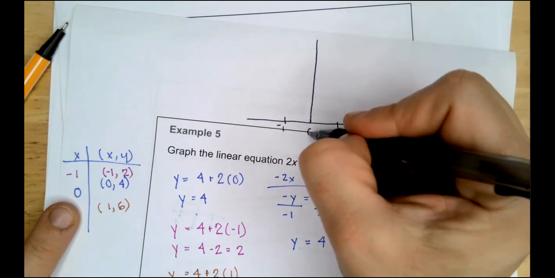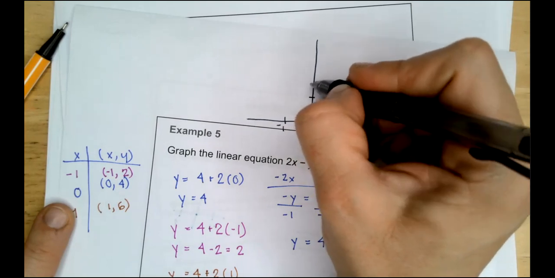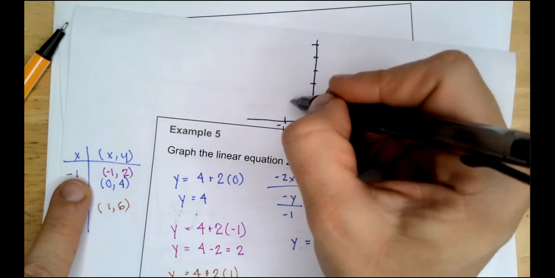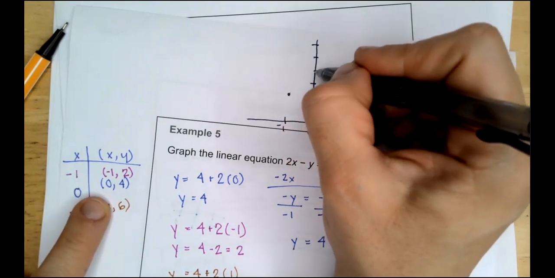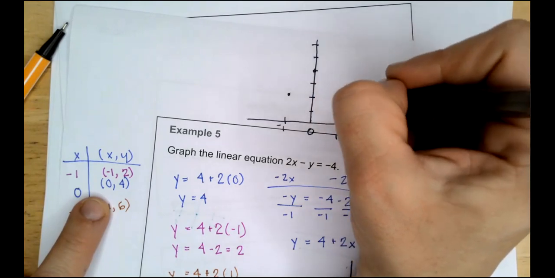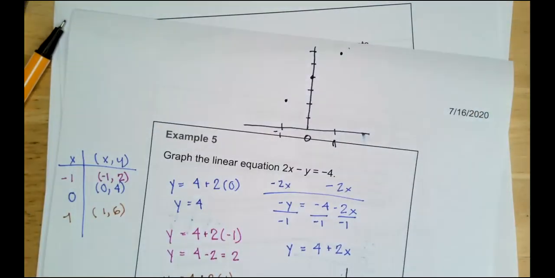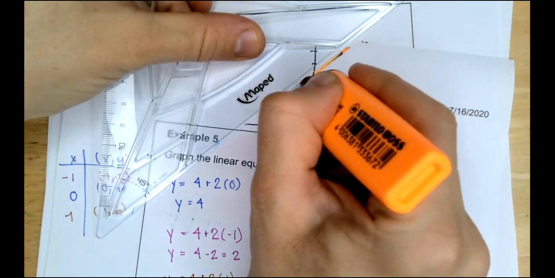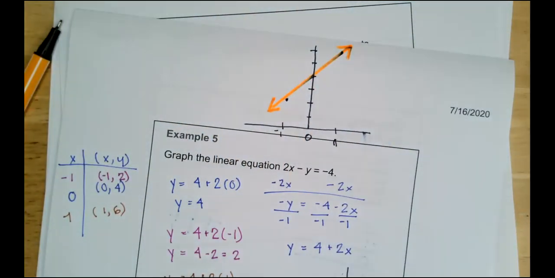Sorry, I'm saying 0, and I can't not write what I'm saying. 1, 2, 3, 4, 5, 6. -1 is at 2. 0 is at 4. +1 is at 6. So you can see the line coming down. So make sure you know how to plot the points. And you know how to find the points.